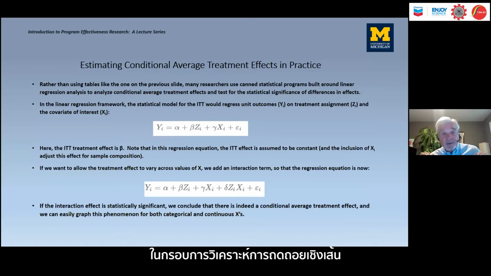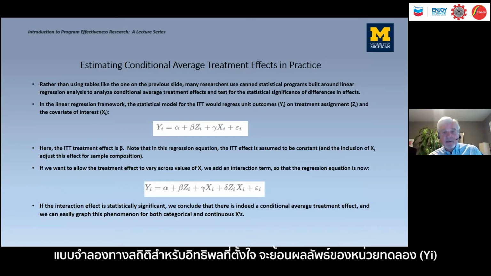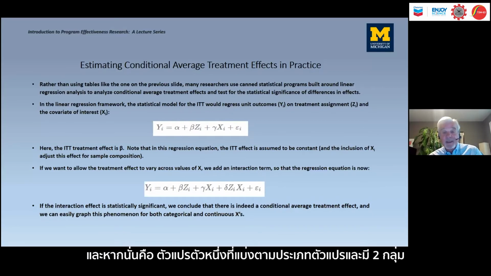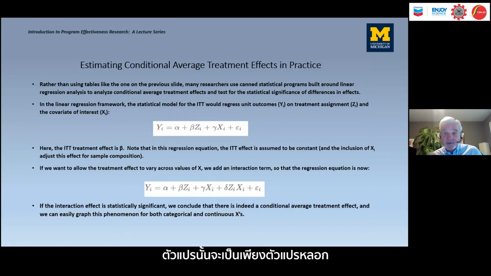In the linear regression framework, the statistical model for the intent to treat effect would regress unit outcomes yi on treatment assignment zi and the covariate of interest xi. And if that's a categorical variable and there's two groups, it's just a dummy variable.